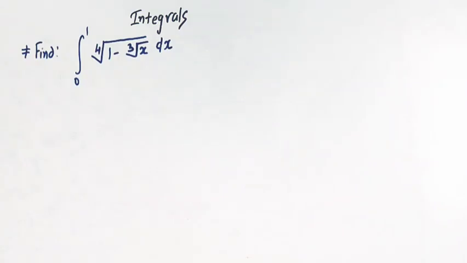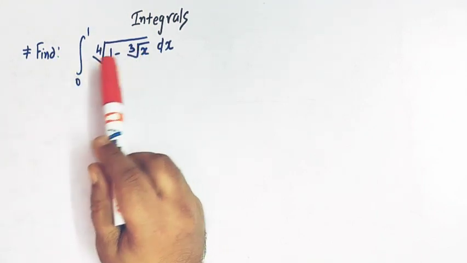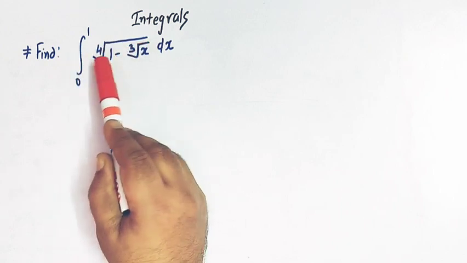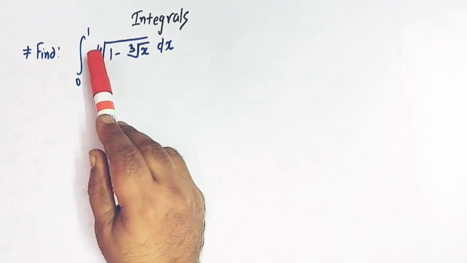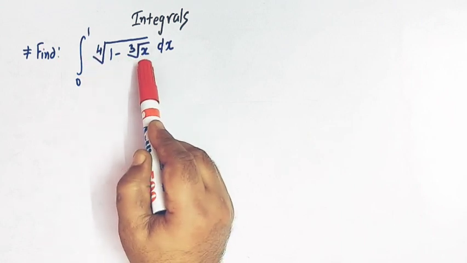Hello viewers, in today's class we are going to discuss yet another important and very conceptual problem from integration. Here we have to solve this integral from 0 to 1, where we have the radical sign, that is the 4th power of 1 minus cube root of x.